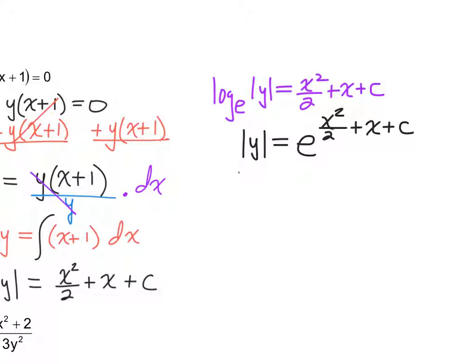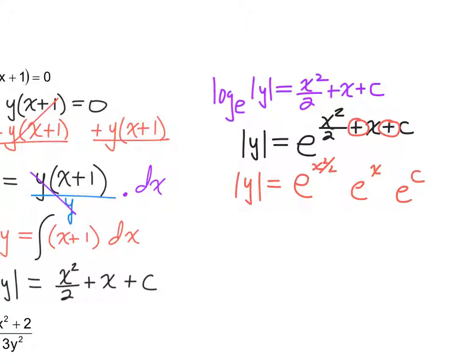All right, so I can go further because each one of these pluses or minuses in an exponent allows me to break up my exponential. So I can write this as e to the x squared over 2, and I'll just write each part, e to the x and e to the c.